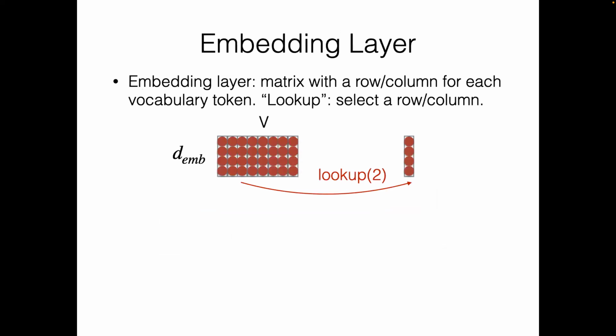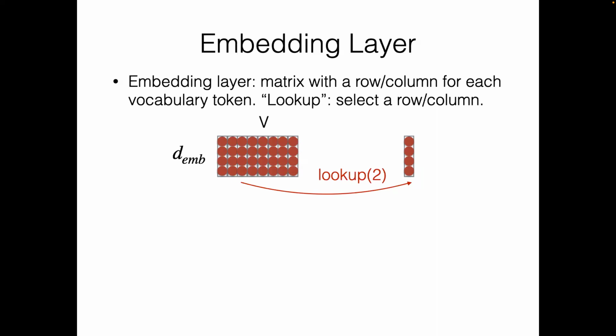And so the architectural way that this is done is to introduce what is called an embedding layer. An embedding layer, you can visualize it like this, or you can visualize it with rows. It's basically this matrix, and each column in the matrix will be a vector for each vocabulary token.